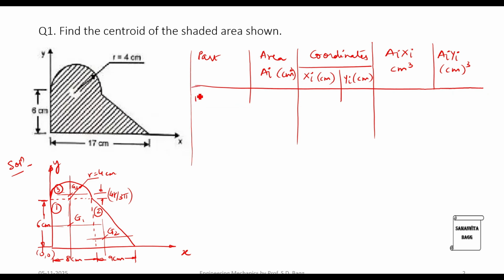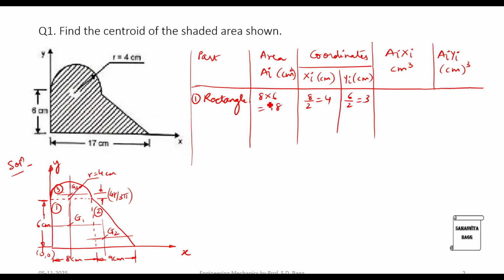Now here we have the first part, which is the rectangle. For the rectangle, the area is going to be 8 into 6. So this is 48 centimeter square. Coordinates is half. So half of 8 is xi. So it is 8 by 2, which is 4, and yi will be 6 by 2, 3 centimeter.